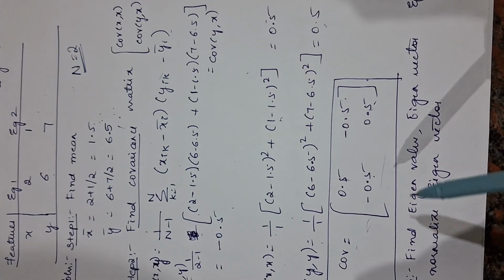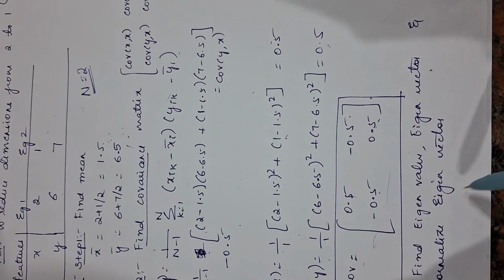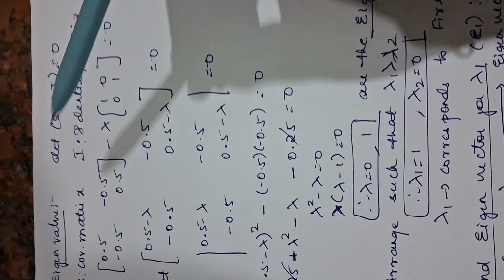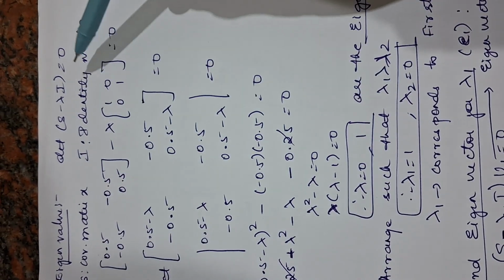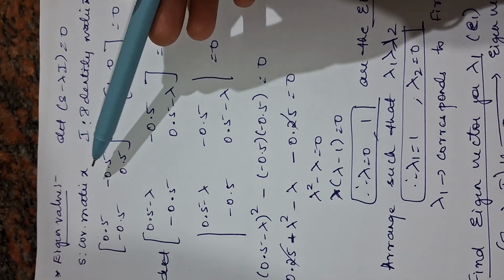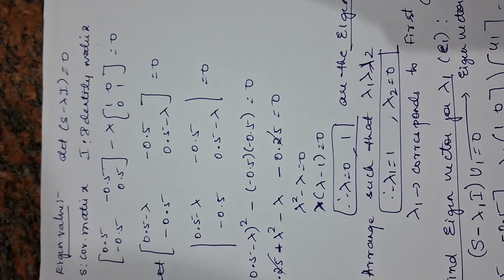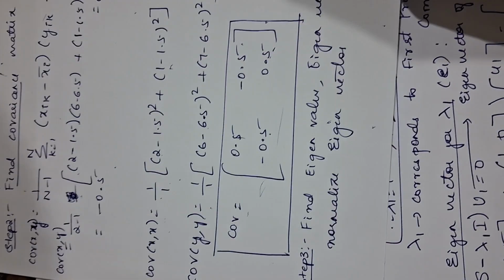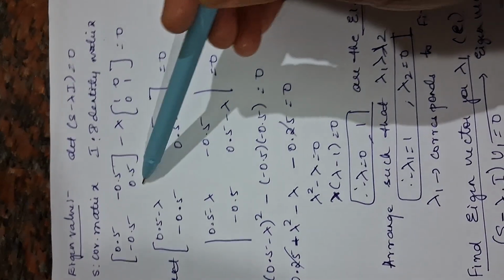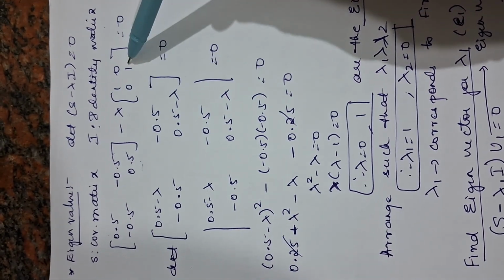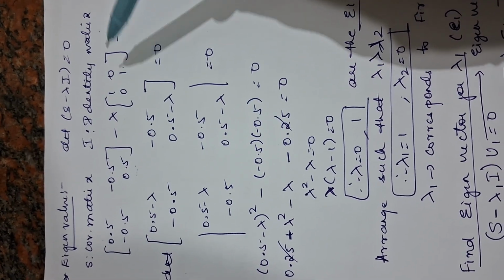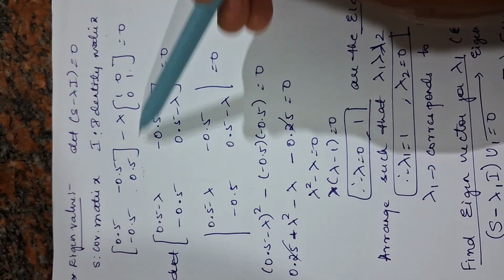Now step 3 is you have to find the eigenvalue, eigenvector and normalized eigenvector. To find the eigenvalue, the formula is determinant of S minus lambda I is equal to 0, where S is the covariance matrix and I is the identity matrix. S is the covariance matrix which we just found in step 2, so I am going to substitute that here. Minus lambda, identity matrix is 2 cross 2, is equal to 0. Now just solve these two.